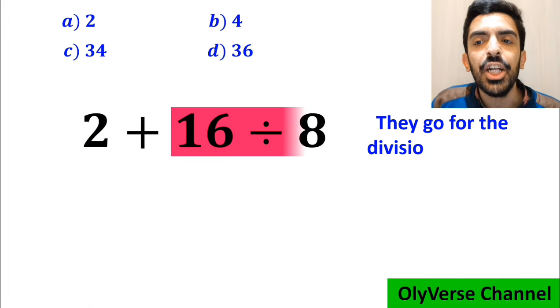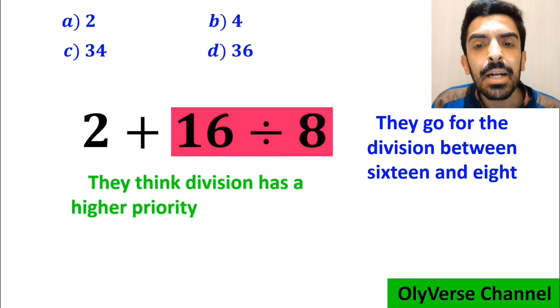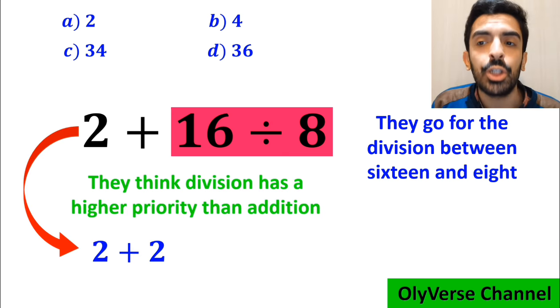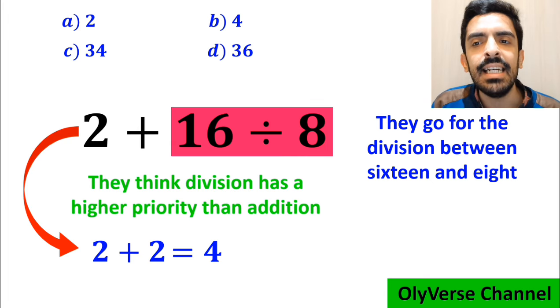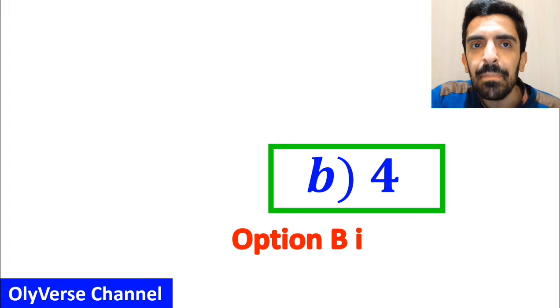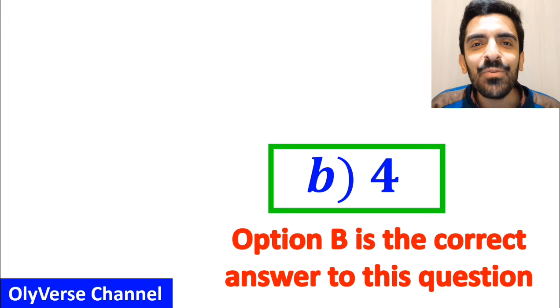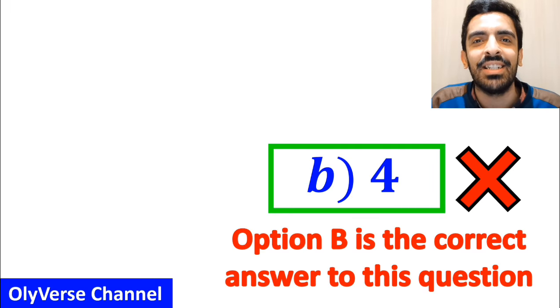Then, they go for the division between 16 and 8 because they think division has a higher priority than addition, and they rewrite this expression as 2 + 2, which ultimately gives them the answer 4. And immediately, they conclude that option B is the correct answer to this question. But I have to say, we were tricked and it's not the correct answer to this question.